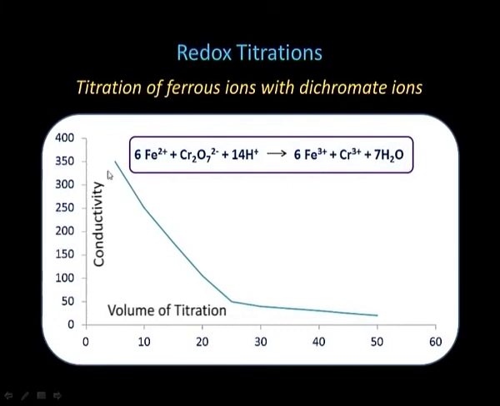In this case, the conductivity is decreasing, and at the equivalence point the decrease becomes much lesser, and this point gives us a clear intersection point.